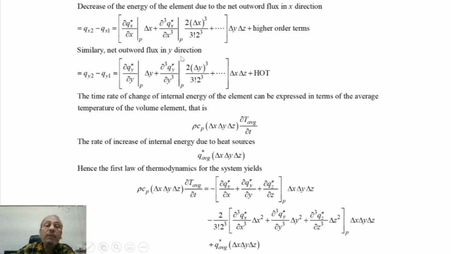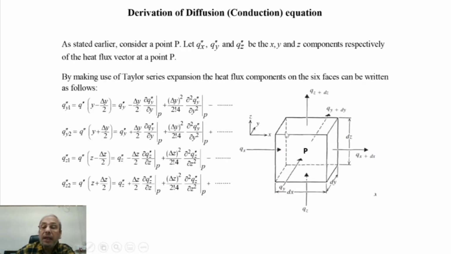Similarly, net outward flux in y direction, so that will be then again qy2 double prime, that is the heat flux at the back surface into the total area, minus qy1 double prime at the front surface into total area, and this area is delta x into delta z.